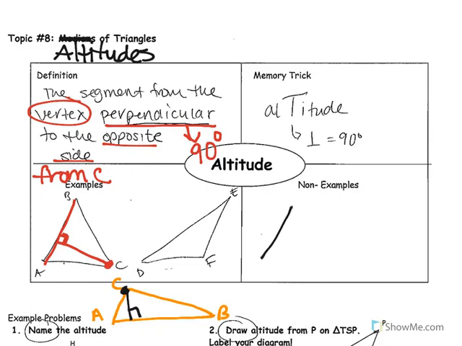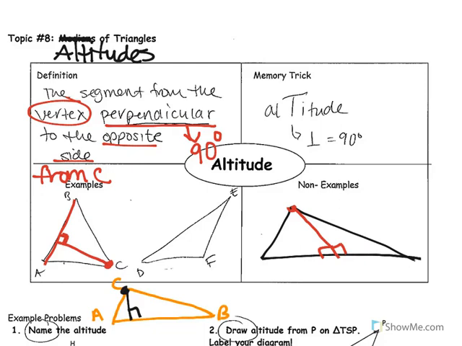A common mistake is to go from the vertex and draw to the middle because you're thinking about a median, but this right here doesn't look like 90 degrees, right? We want to make sure that the line that we've drawn actually looks like it's intersecting at 90 degrees.